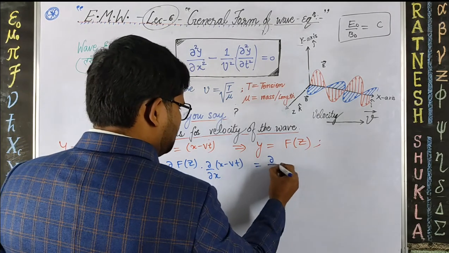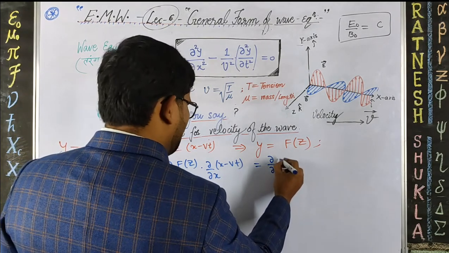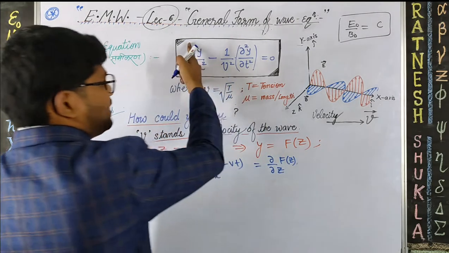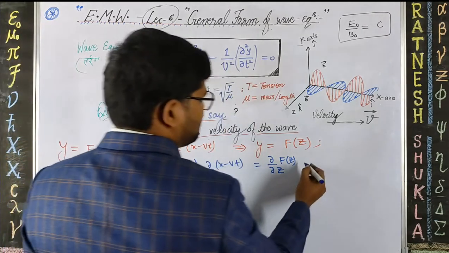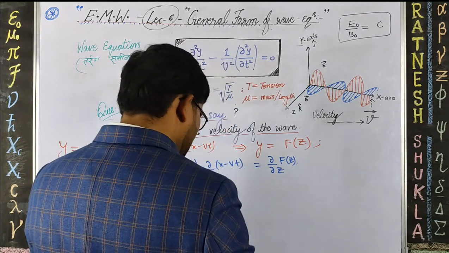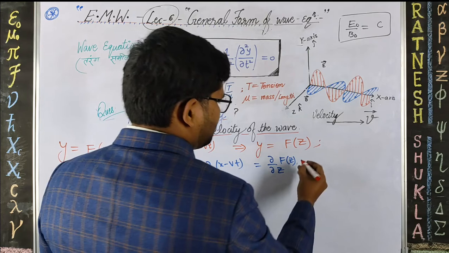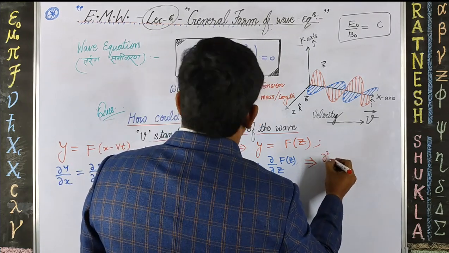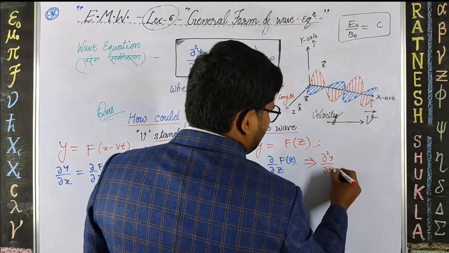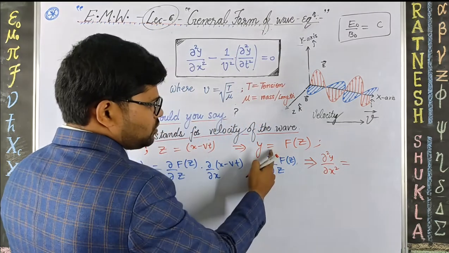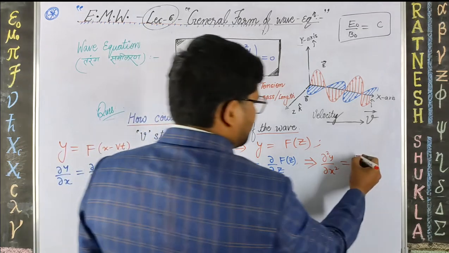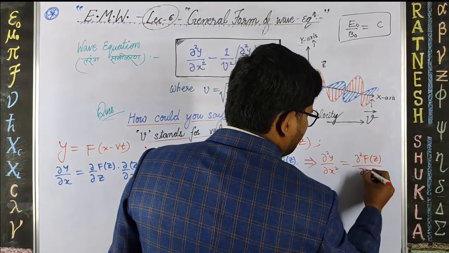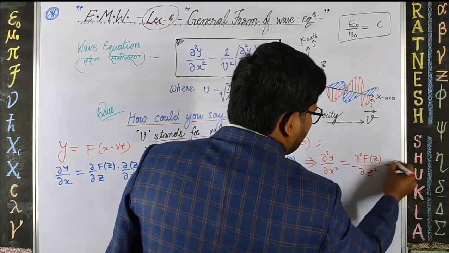That is d/dz of f of z. Here is the second derivative, so again you differentiate with respect to x. Without wasting time, I am writing here d2y over dx square equals d2f of z over dz square. Note it down.